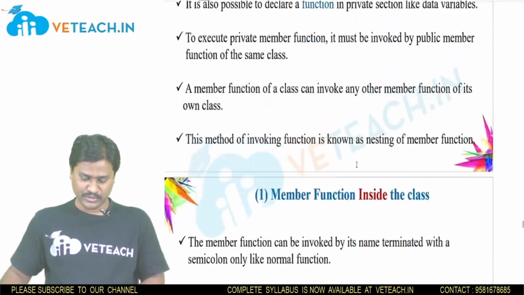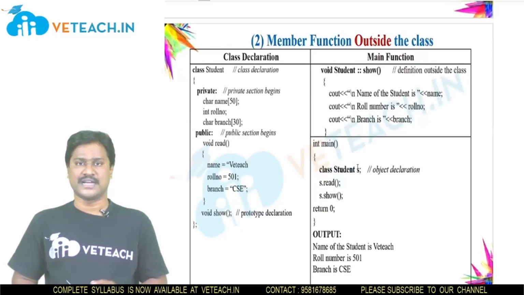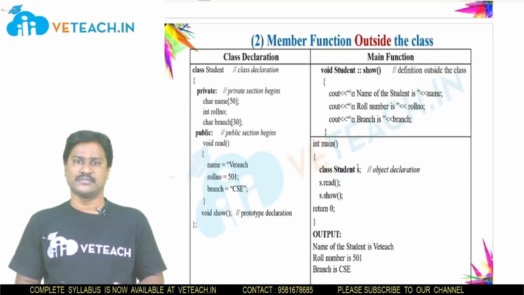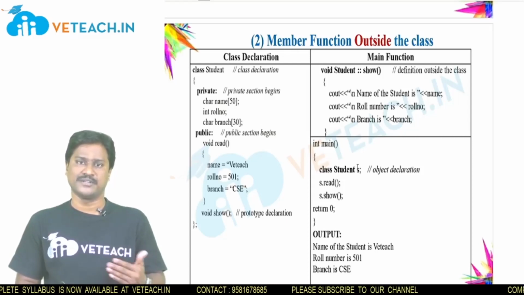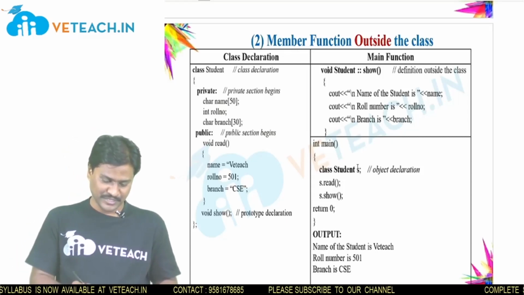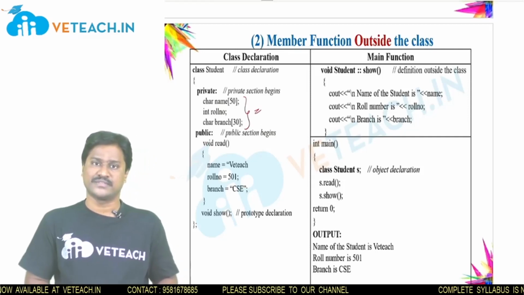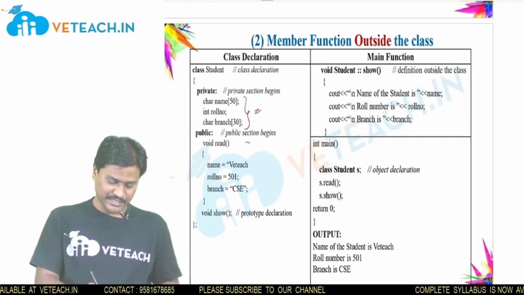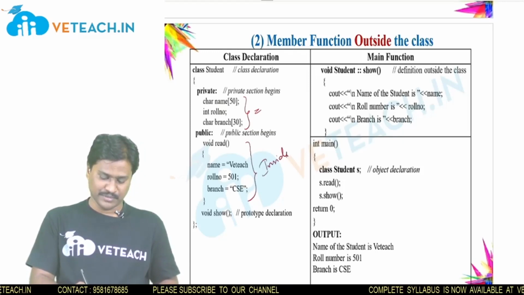And quickly move on to defining a member function outside of the class. As I told you, when you are defining a member function outside the class, the member function prototype should be present inside of the class. So see here, take the same example. Here are the data members of the class, student details, and this read function I defined inside of the class, one member function.